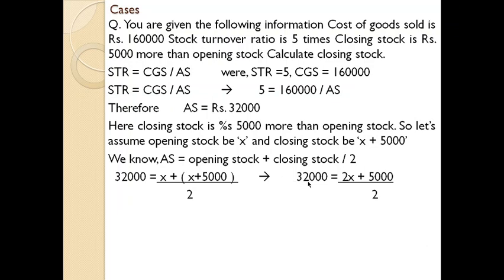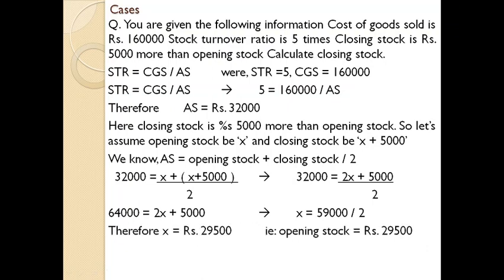By solving this you will get 32,000 equals 2X plus 5,000 divided by 2. By cross multiplying, 32,000 into 2 you will get 64,000 equals 2X plus 5,000, and finally X equals 59,000 divided by 2, so X equals 29,500. In the question, we assumed that opening stock be X. So the value of opening stock is 29,500.